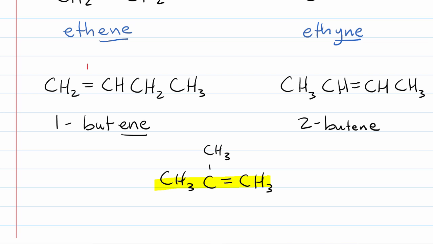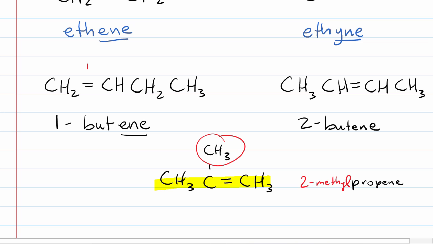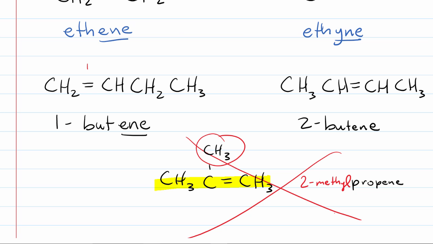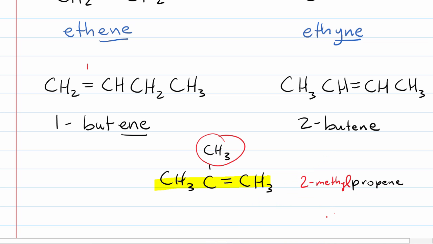There's 3, and because it has a double bond, we would call it propene. And then we'd name this branch off the parent chain, which has 1 carbon. We'd call this one 2-methylpropene. But again, this is not going to be something that you are responsible for come exam time. You may see something like this on your Master in Chemistry. If you do, do your best with it, but again, come exam time, this is not going to be one that you will be responsible for.